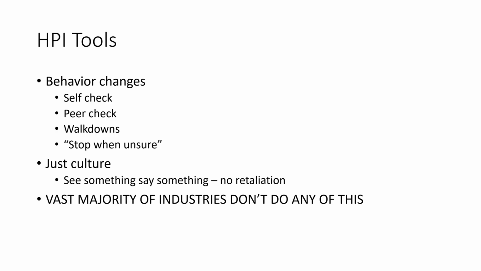If somebody comes to you and says, hey, this interface is really janky, I don't like it, take that into consideration. And it's important to also understand that the vast majority of industries out there don't do things like this. They don't deploy HPI or human factors regularly or in a structured way.